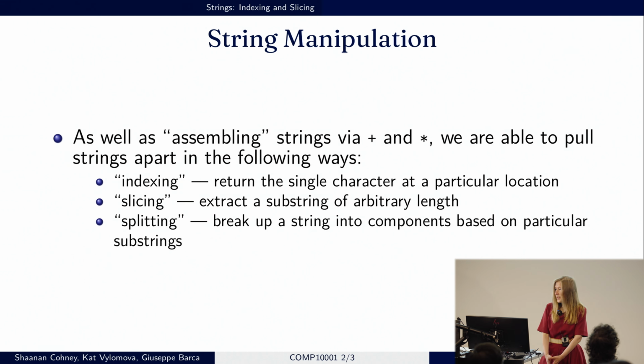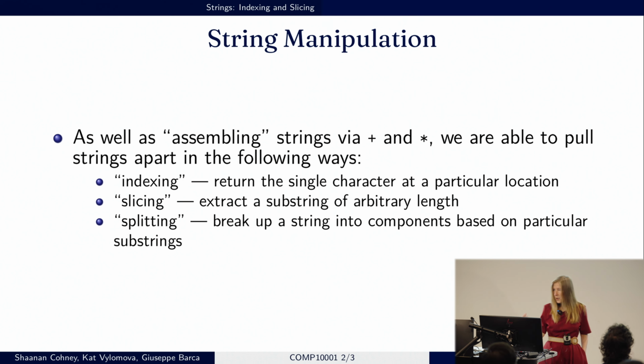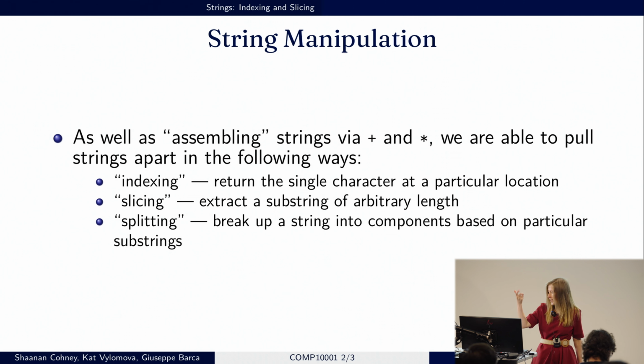There are particular functionalities that you can perform. Given that our sequence has these elements and they have their own positions in the sequence, you can extract a single element, or a character if it's a string, from a particular position, or you can retrieve a substring or subsequence of a particular length. Or you can split the string into multiple substrings.